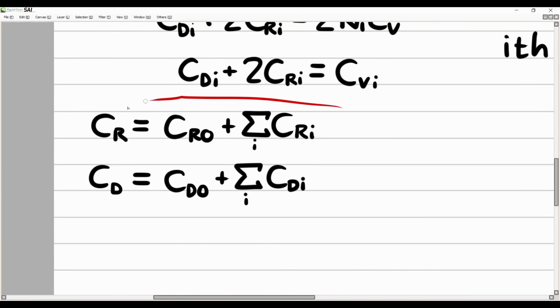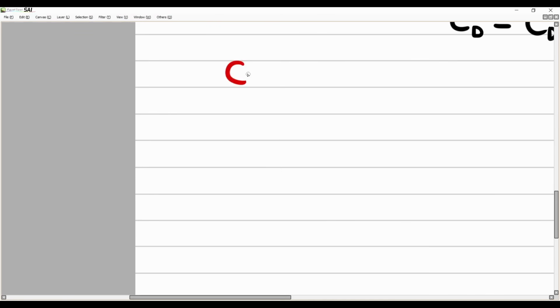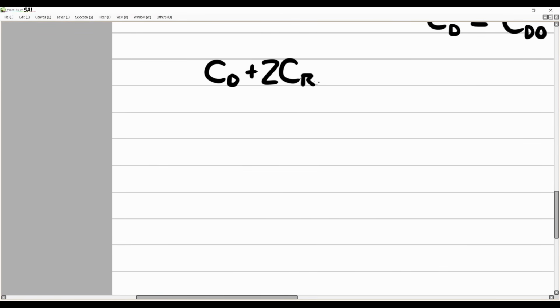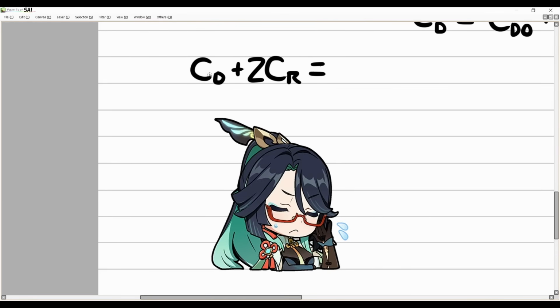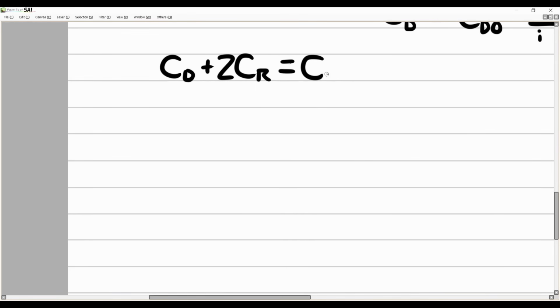We can essentially now combine them together in a manner that is very similar to this. But we'll take CD plus 2CR, that is going to be equal to some total crit value.